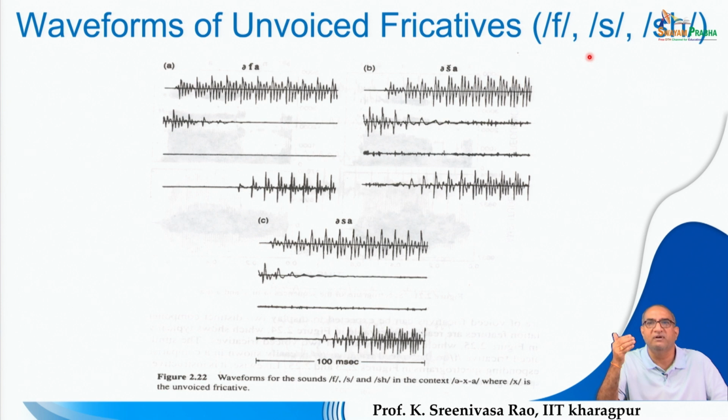In the case of fa, you have a narrow slit or narrow opening at the lips, where the lower lip tries to close against the upper lip with a slight opening. That gives you the excitation that produces the sound unit fa.